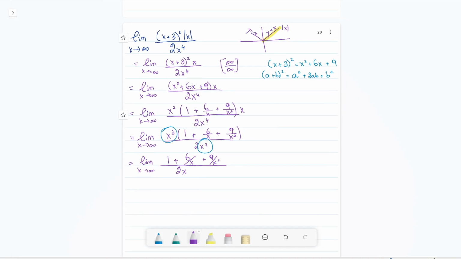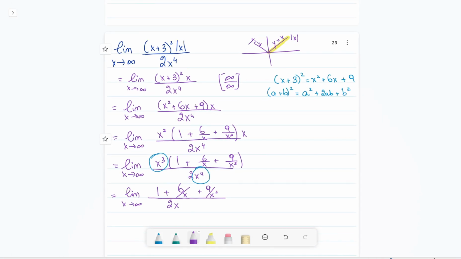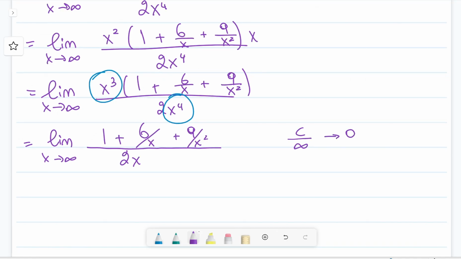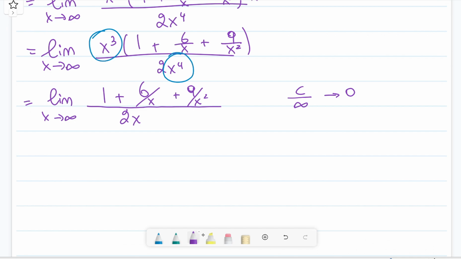We agreed before in the previous exercise that whenever we have a constant over infinity, this approaches 0. So we have a constant over infinity here, and we have another constant over infinity. So both of them approach 0. This leaves us with 1 over 2x.